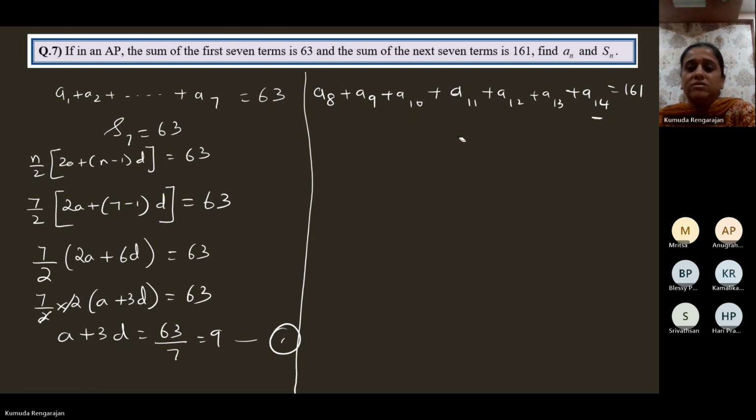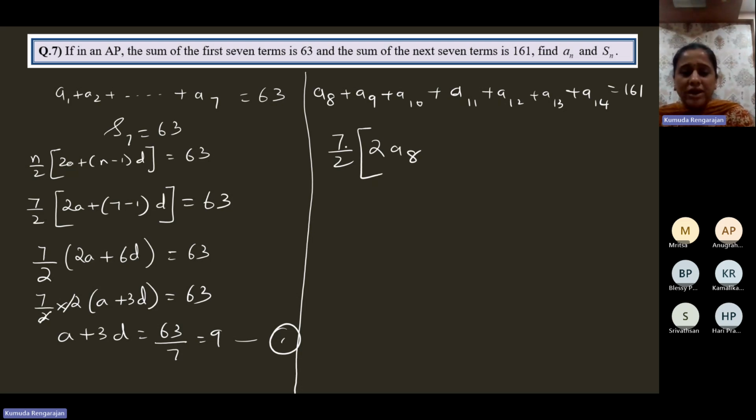So don't try to write anything using symbols here, but directly use the formula n by 2. How many terms are here? 7 terms. So n by 2 of 2a, where a is the first term in this sum. Which is the first term?